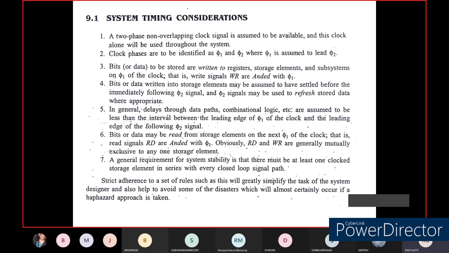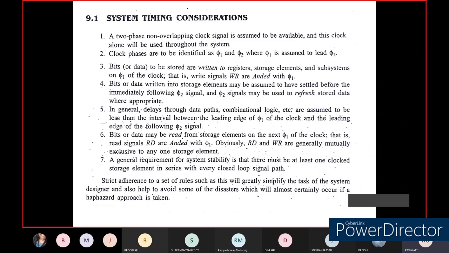So the first one is system timing consideration, a fundamental factor you are going to measure and include in the design process of your application. When we start any design, the initial step of any application or implementation is to take the specification from the customer end.